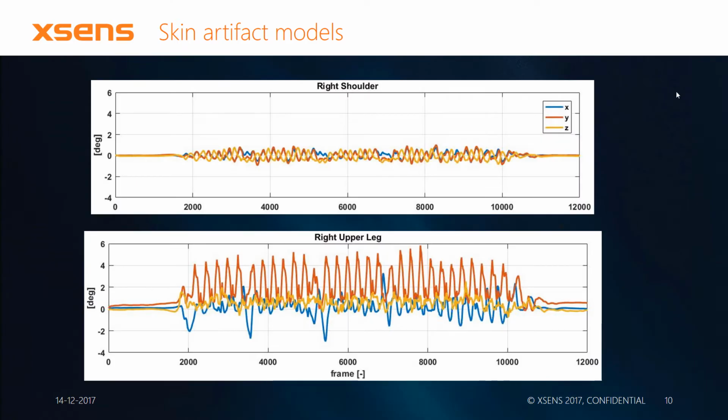So to come back to the skin artifact modeling, we realized that within the human body there are several body segments which have a little bit more loose skin as opposed to other body segments. For example, the shoulder is a very bony surface. The skin is tight over there.